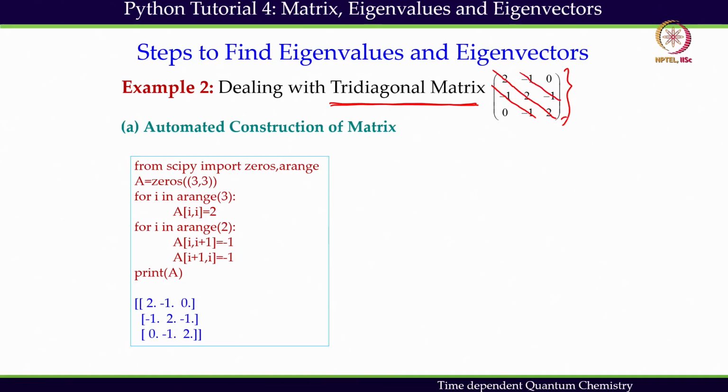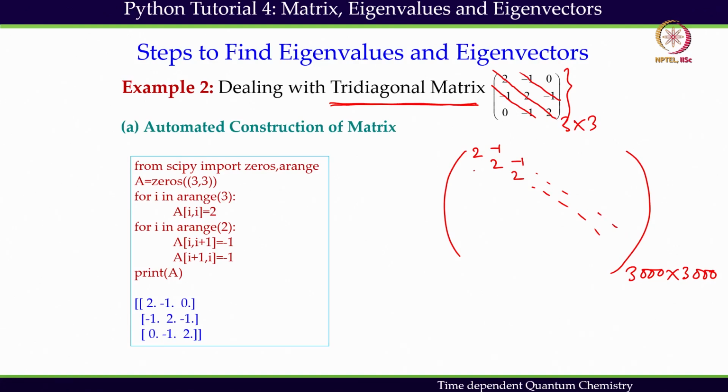So instead of a 3 by 3 matrix, if somebody is asking me to construct, let's say, a 3000 by 3000 matrix, in that case I have to write down 2, 2, 2 in the diagonal, -1, -1 in the upper diagonal, and then -1, -1 in the lower diagonal part also. And this needs to be written many times.